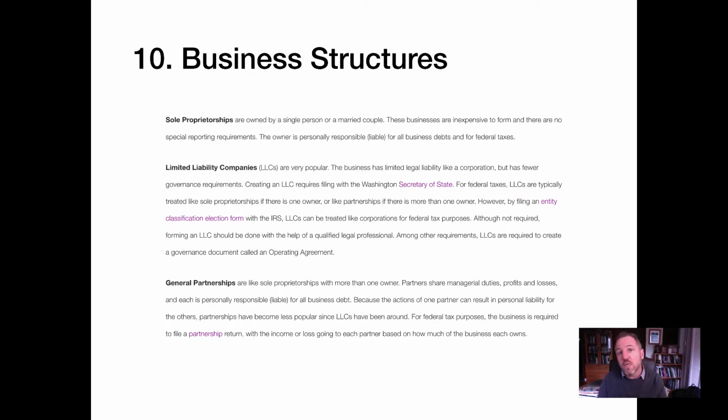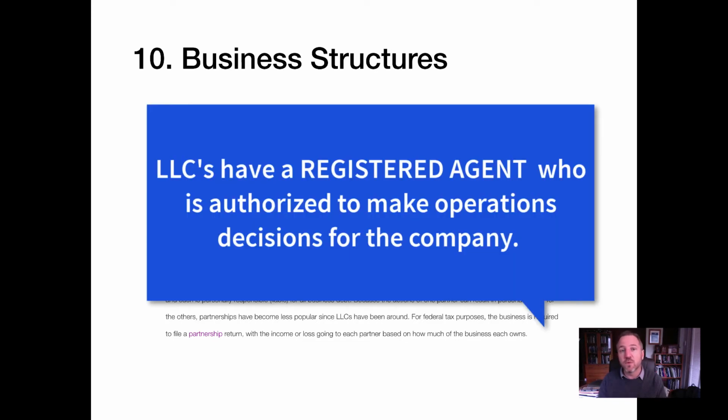This is why I really don't like general partnerships. I much prefer a limited liability company. With an LLC, you actually have somebody named as the manager, executive for that company, as opposed to a general partner where everybody's treated equally.